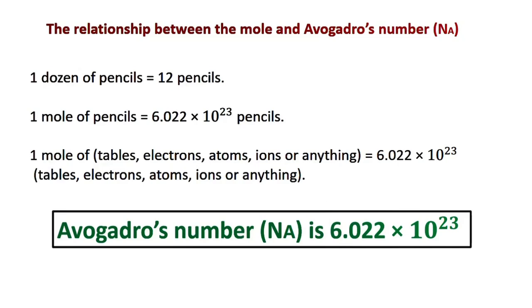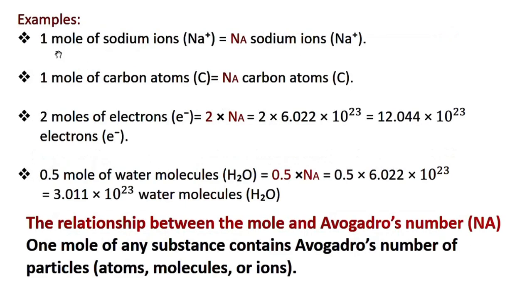So we can replace this number with Na, which means Avogadro's number. Examples: if I have 1 mole of sodium or 1 mole of carbon atoms, I have Avogadro's number of ions or atoms. But if I have 2 moles of electrons, I have to multiply 2 times Avogadro's number, by substituting 6.022 times 10 to 23.